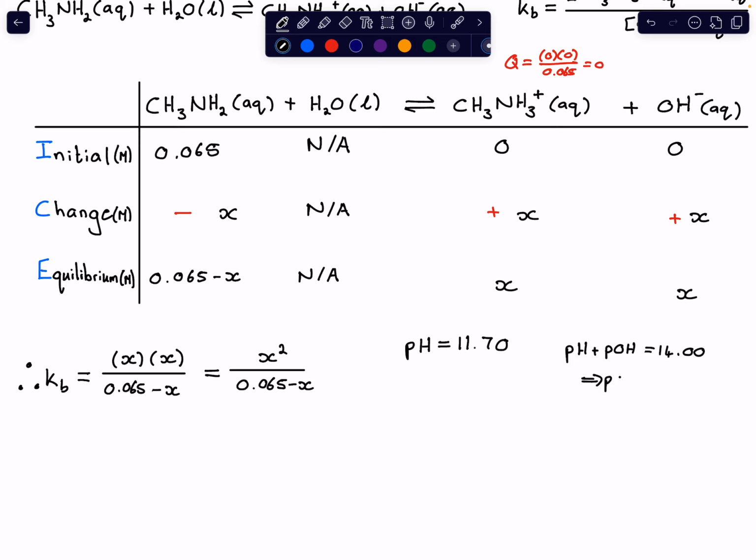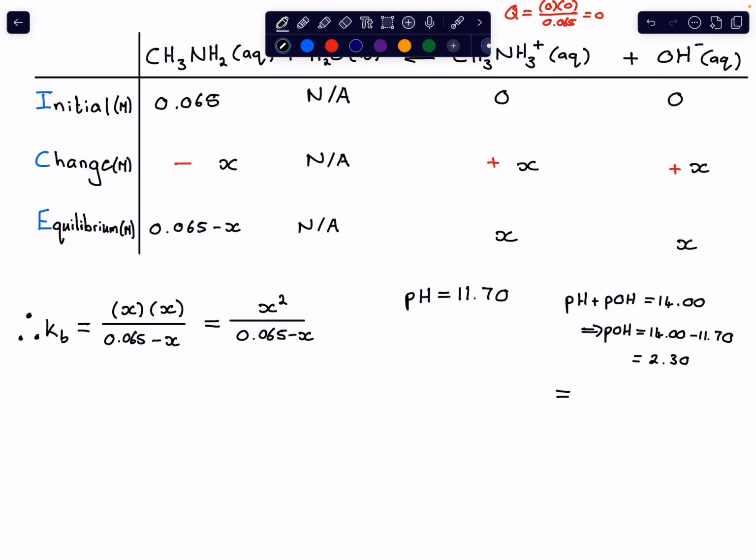So, for this solution, the pOH is equal to 14.00 minus 11.70, and so the pOH is equal to 2.30. And from the pOH, we can then determine the concentration of the hydroxide ion at equilibrium, because that's what the pH tells us. It always tells us what is the concentration of hydronium or of the hydroxide ion at equilibrium. Right, so we can make use of this.